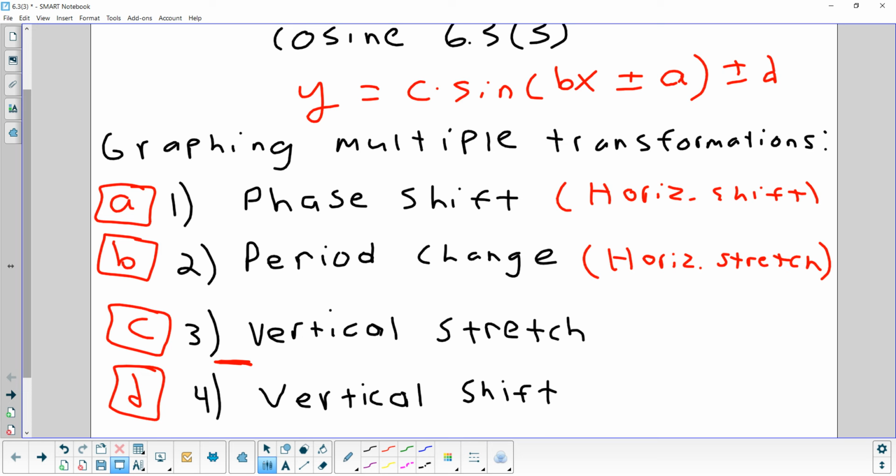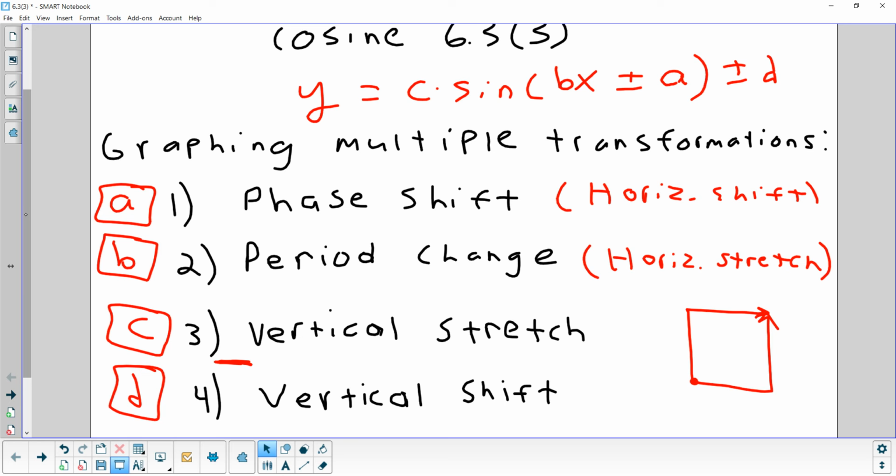Now, technically, if you do multiple transformations and you only do one transformation that affects x values and only one that affects y values, technically they're completely separate. You could do either one first. For example, if it says to shift up and right, if you shift up and then right, or go right and then up, you still land at the same spot.